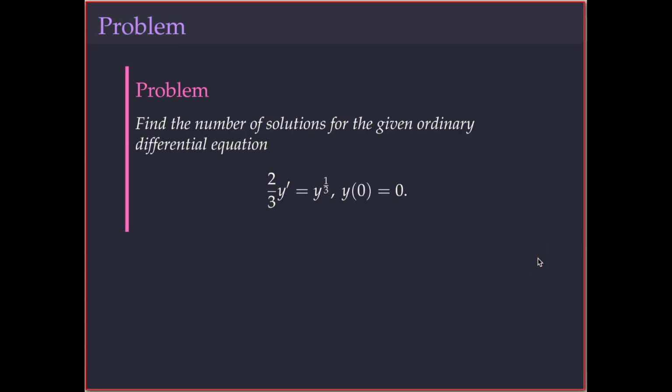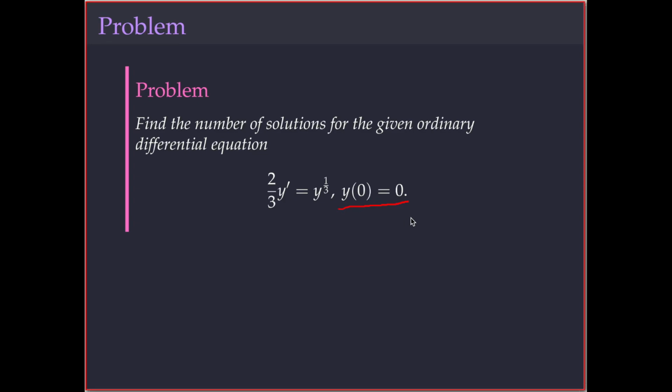Okay. So the problem is: find the number of solutions for the given ordinary differential equation 2/3 y' = y^(1/3), and the initial condition is given as y(0) = 0.